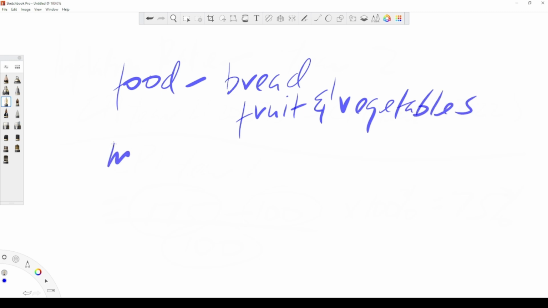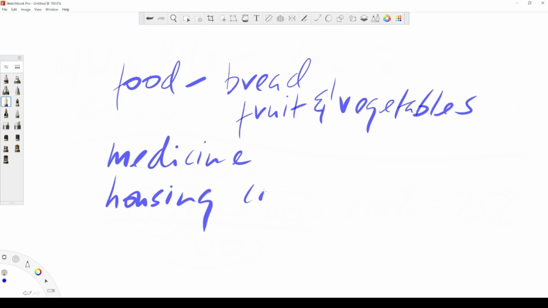You also have housing costs, and then transportation.